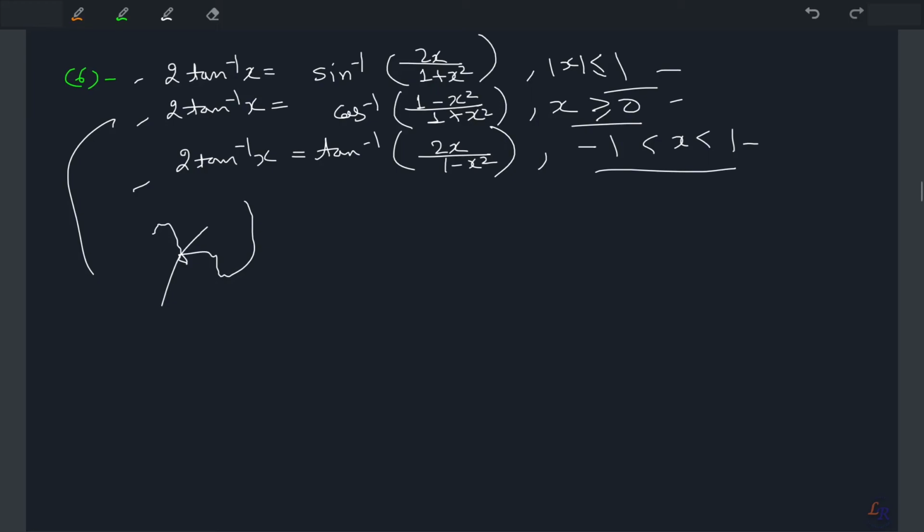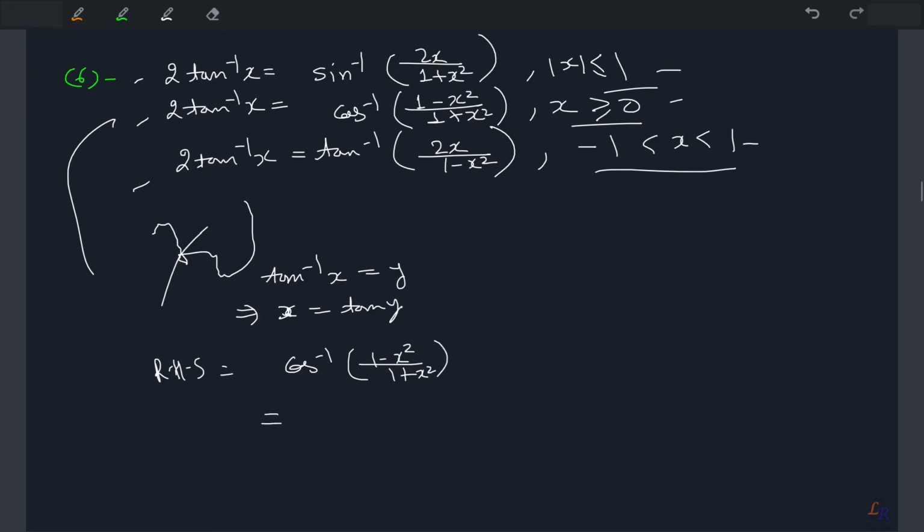So let's assume tan inverse x is equal to y. You can write this as x is equal to tan y. Okay, so now let's start from the RHS and we'll prove that it is equal to the LHS. So RHS is cos inverse of (1 minus x square) upon (1 plus x square).